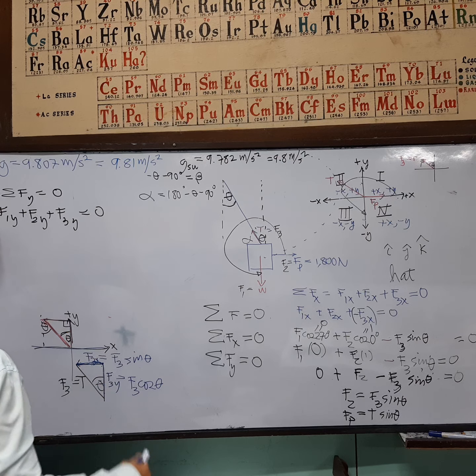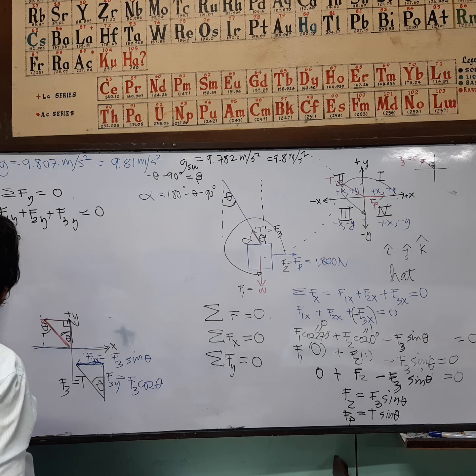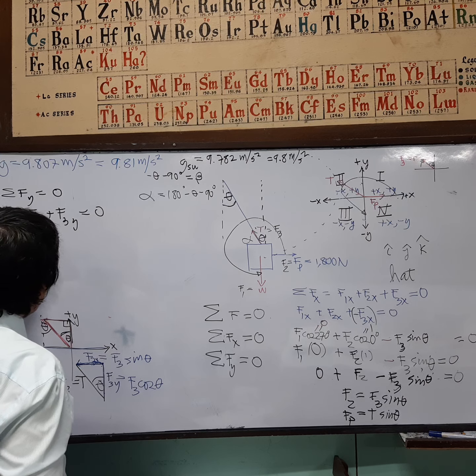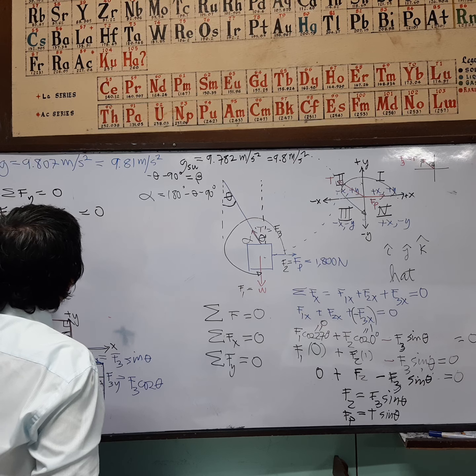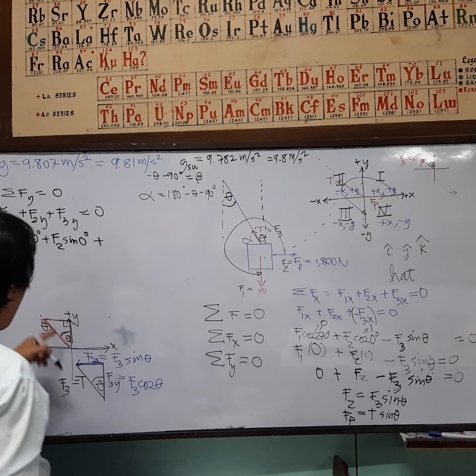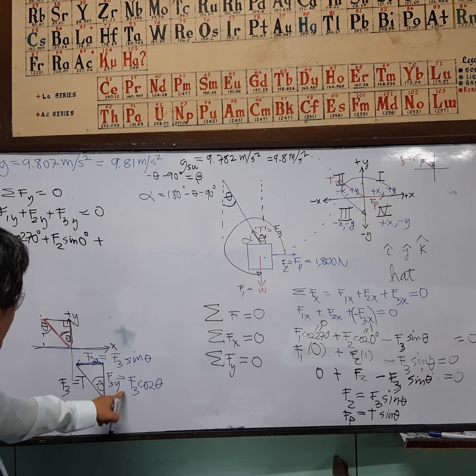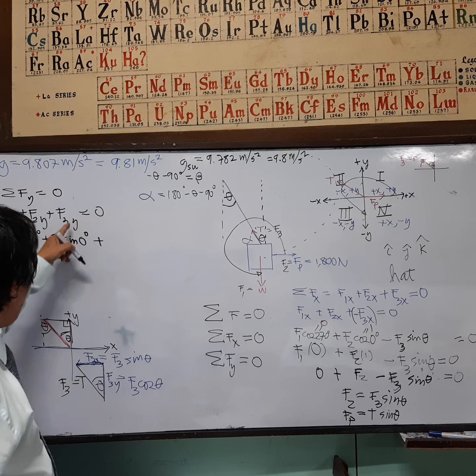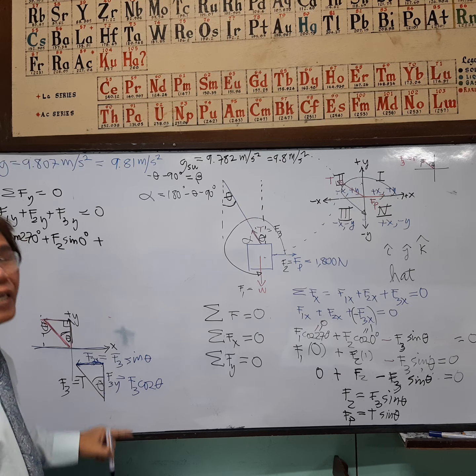You will have here F1 sine 270 degrees plus F2 sine 0 plus F3y.